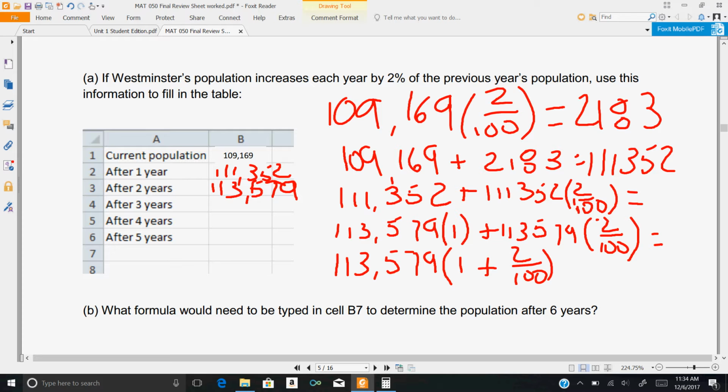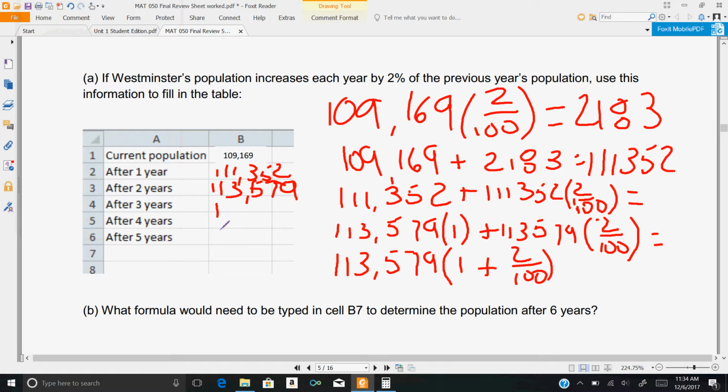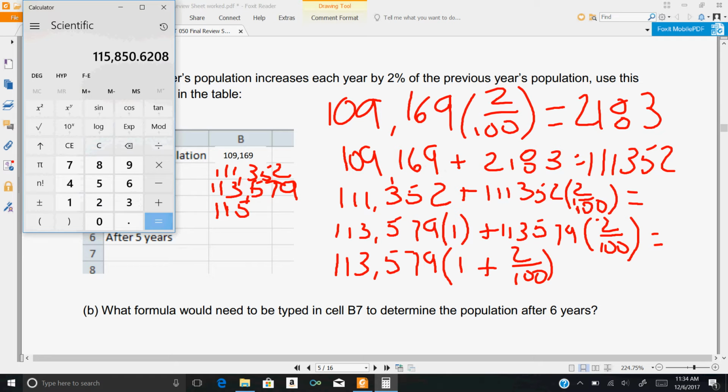So I'm going to go back to my calculator now, and this time I'm just going to take this number and say times 1.02. It gives me 115,851. So I write that in here.